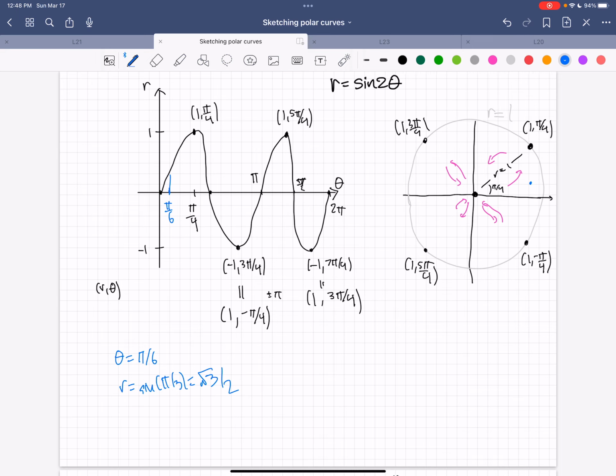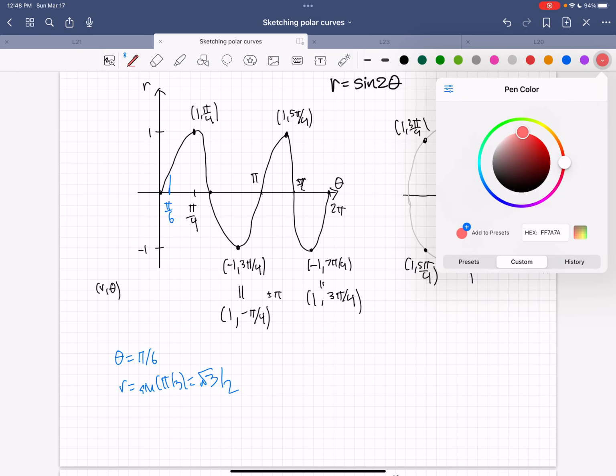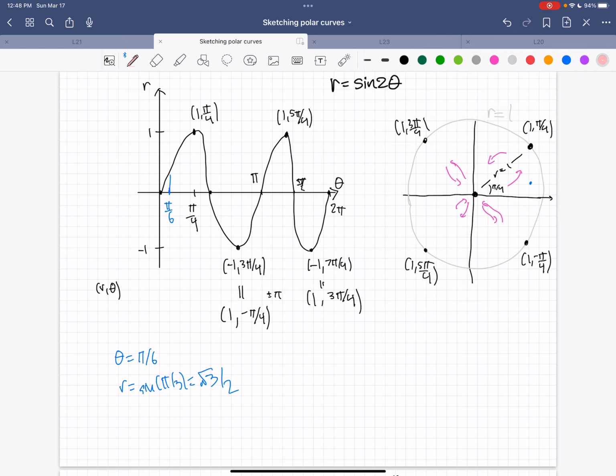And in fact, what we can do, let's get another color going. We can make a circle for r equal to root 3 over 2, because we're going to have a lot of points that end up landing there. Okay, and then let's see what we get in this area here.